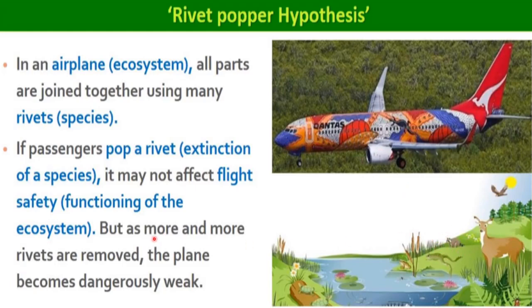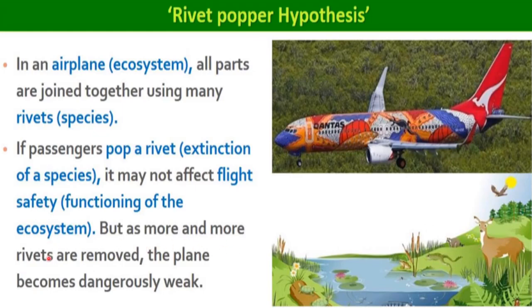In the starting stage, rivet popping may not affect flight safety. Likewise, species extinction may not affect the functioning of the ecosystem.